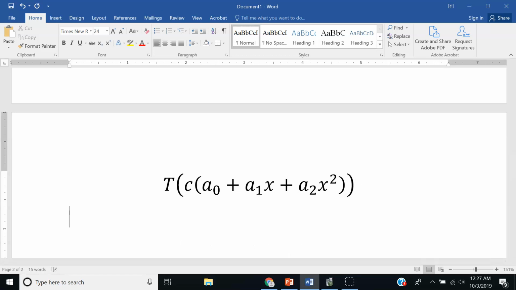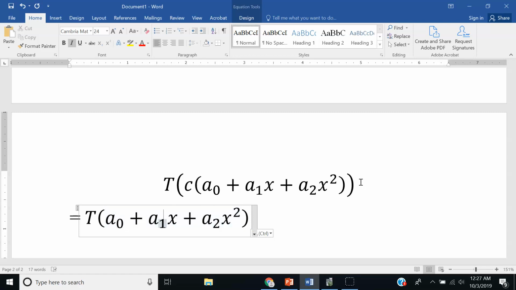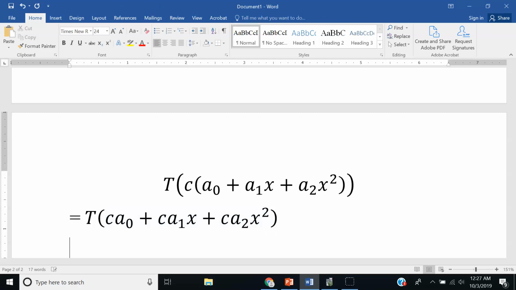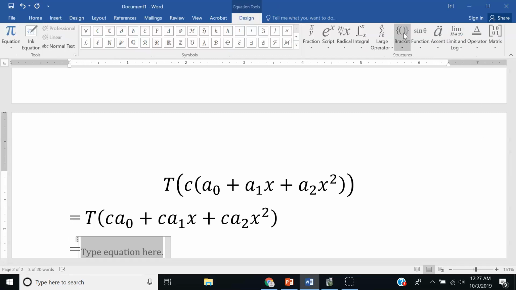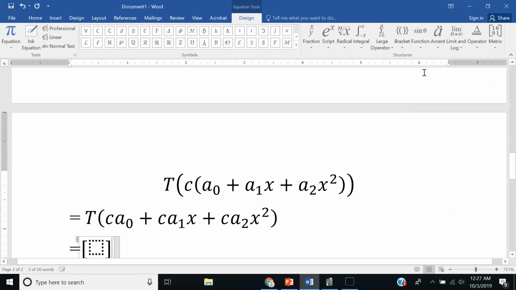Now in the first case, I can distribute that c into every single term of my vector. Then transform it. It's the same concept that we've always done in this example.